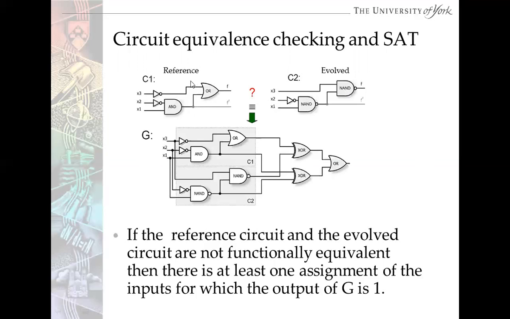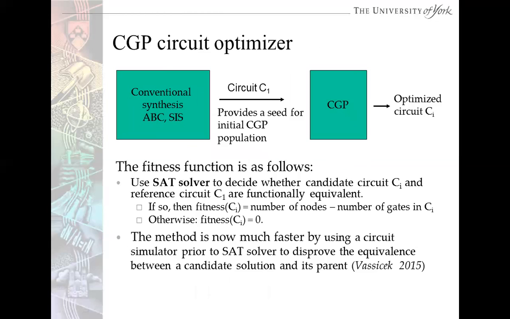So they cleverly join the reference circuit and the evolved circuit in this arrangement with these exclusive OR gates and an OR gate, so that it transforms the question of whether the two circuits are logically equivalent into an instance of the satisfiability problem. If the reference circuit and the evolved circuit are not functionally equivalent, then there is at least one assignment of the inputs for which the output of this circuit is 1. And then they can use their SAT solver to deal with that problem.